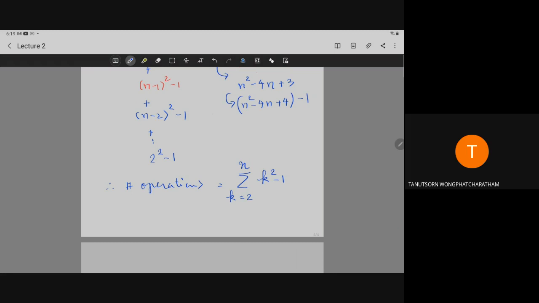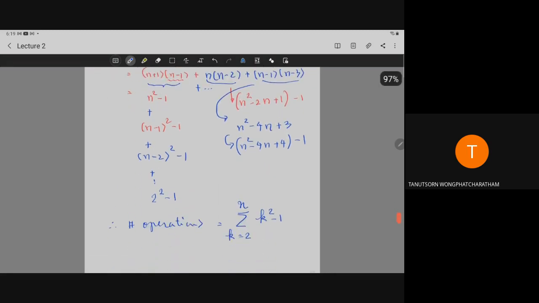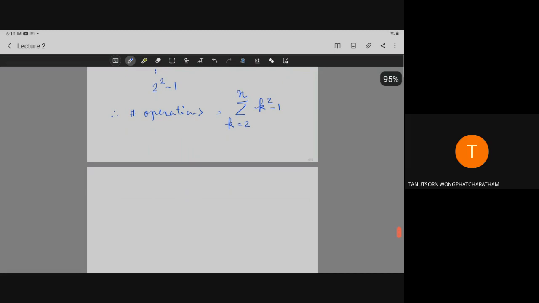Yeah, I use small n. In order to express in terms of n, I will expand this in terms of summation of k square for k equals 2 to n, minus summation of k equals 2 to n of 1.